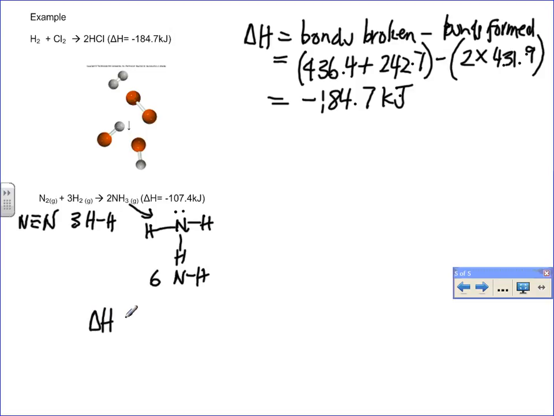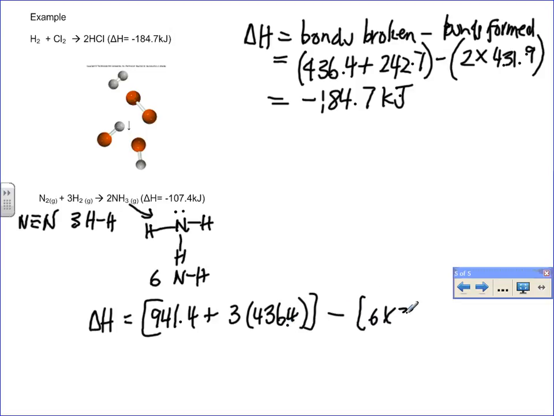So for the delta H, we take the sum of the energy needed to break the bonds and we subtract the energy released when we form the 6 new bonds at 393 each, and you're left with negative 107.4 kilojoules.